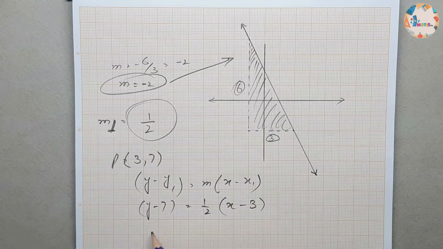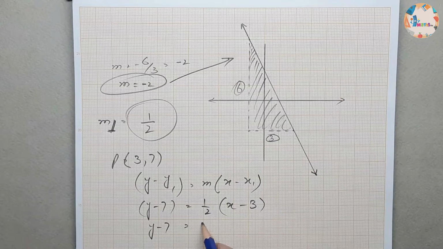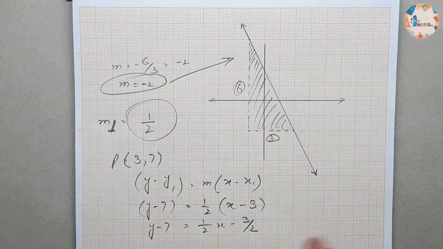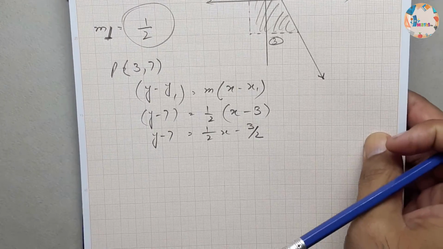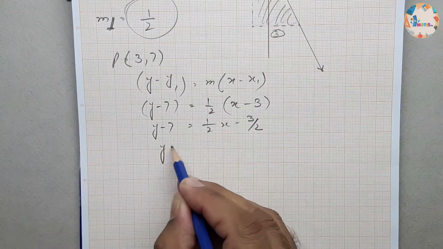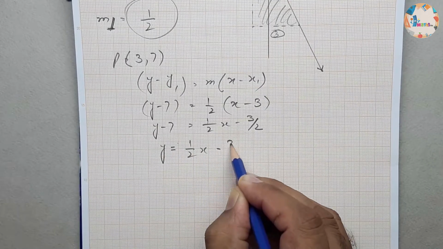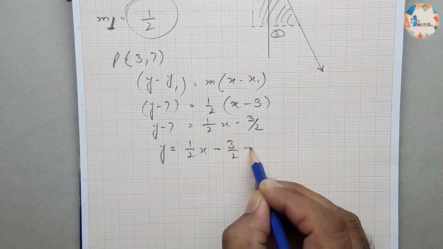So we can simplify this. y minus 7 is equal to 1 by 2 x minus 3 by 2. And now we can just shift this 7 to the other side of the equality. So y is equal to 1 by 2 x minus 3 by 2 plus 7.